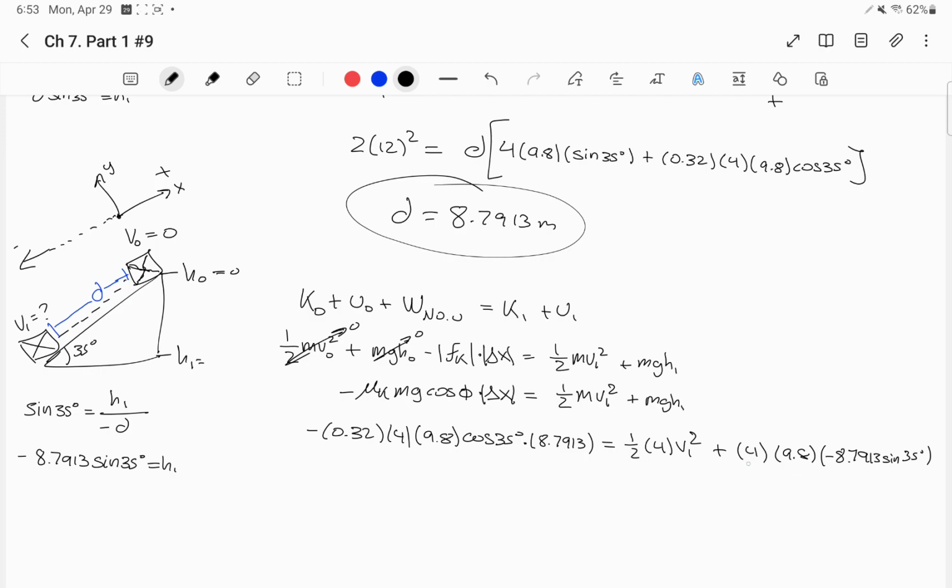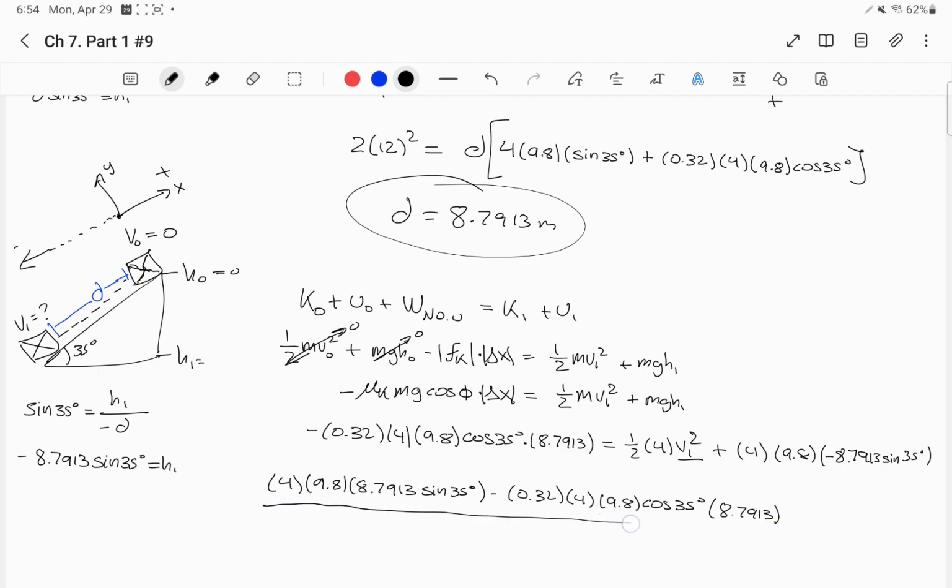Now, if we solve for the final velocity, we should get 4 times 9.8 times 8.7913 sine of 35 minus the coefficient of kinetic friction times the mass times the gravity times cosine of the angle times the change in x, all over 1/2 times 4, which is 2.